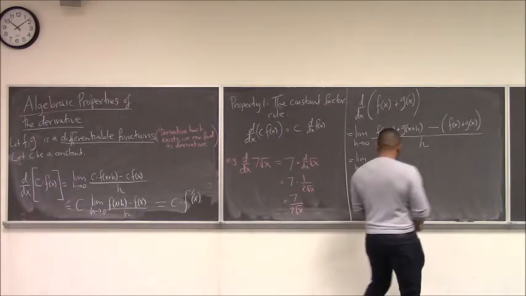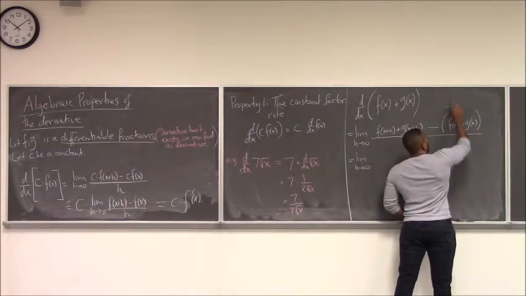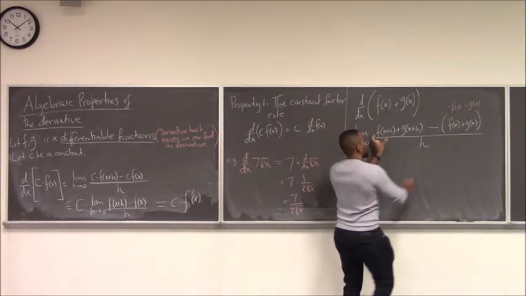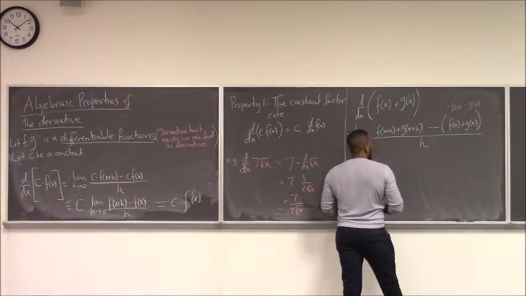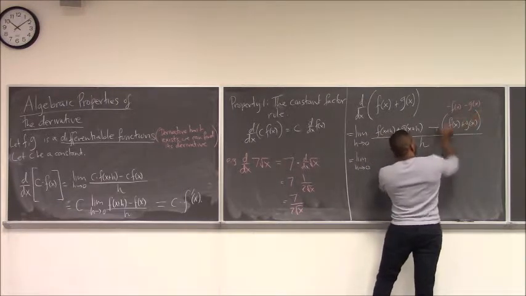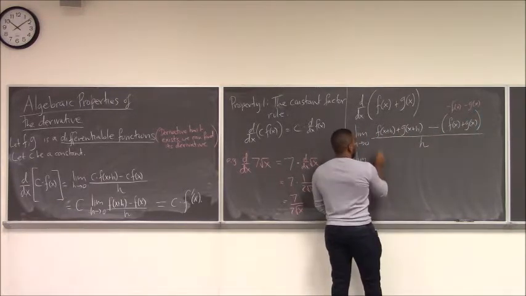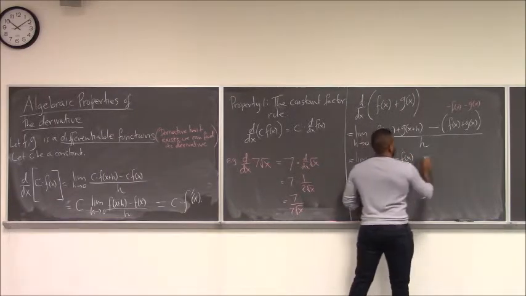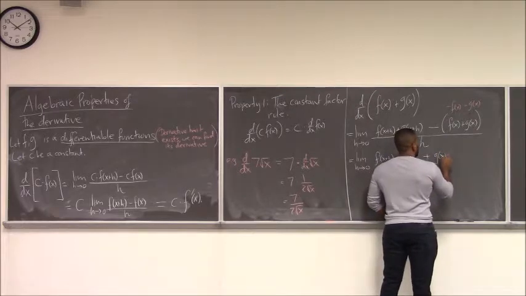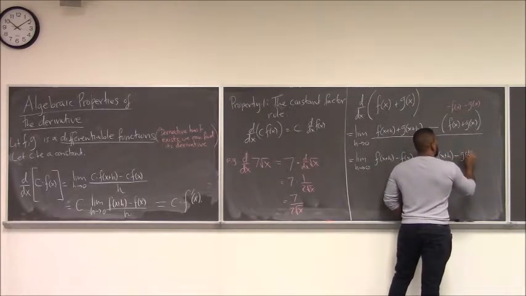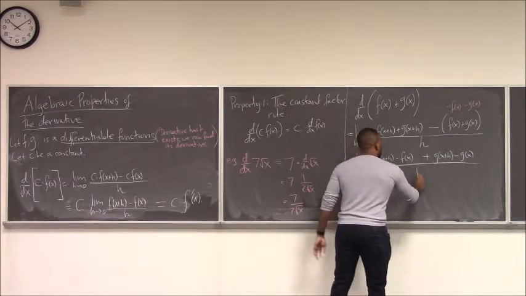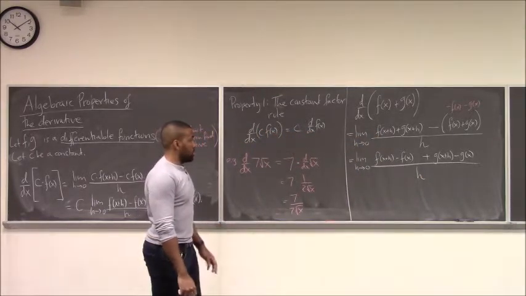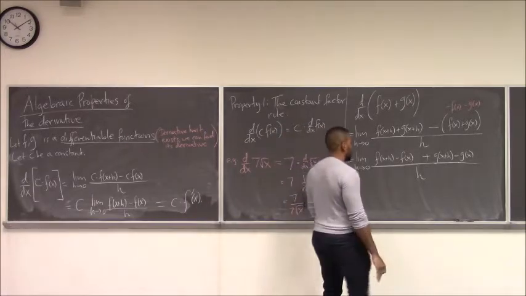You'll notice that this here is minus f of x minus g of x, and I can group them. Let's take this minus f of x, put it beside the f of x plus h. Let's take the minus g of x, put it beside the g of x plus h, and we will have f of x plus h minus f of x plus g of x plus h minus g of x all over h. We know that fractions distribute across this top.